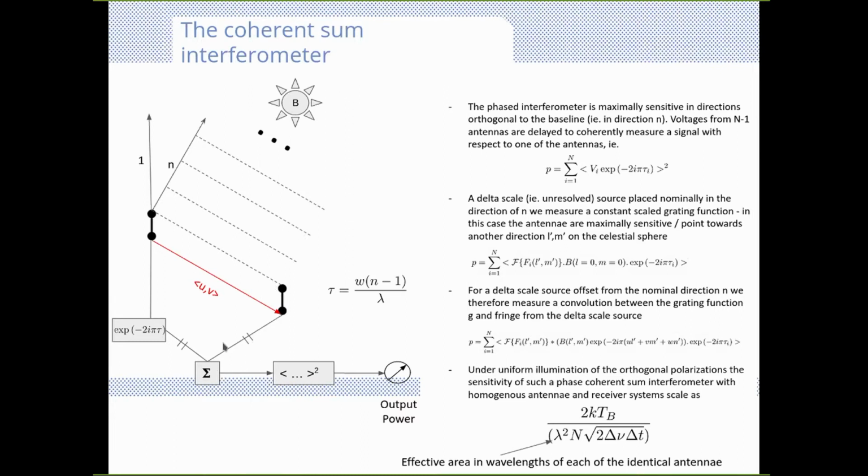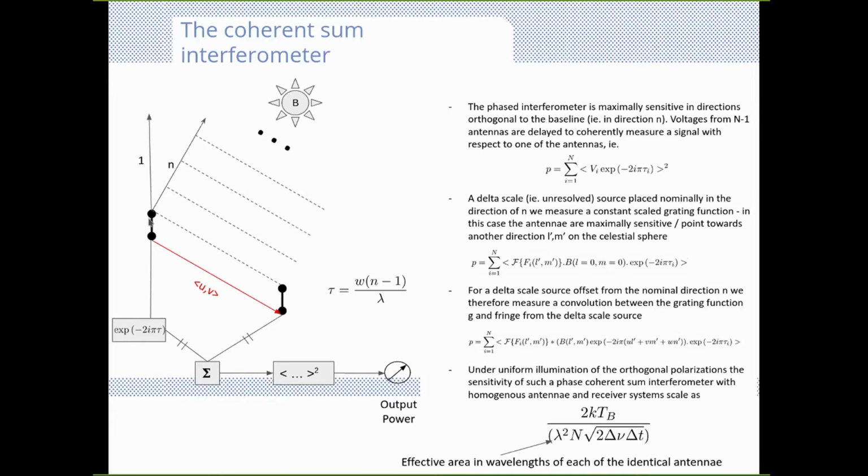Now, such an interferometer has an additional component here, this exponent that depends on tau. Tau is given by a delay tracking computer, which just gives us the direction where each of these antennas and the interferometer is going to be nominally sensitive.